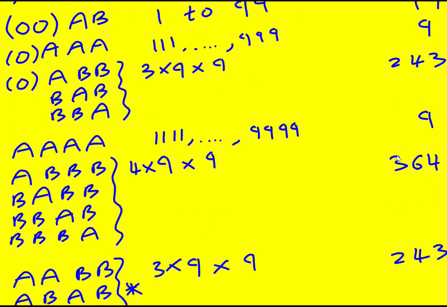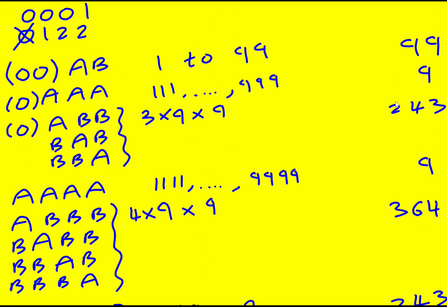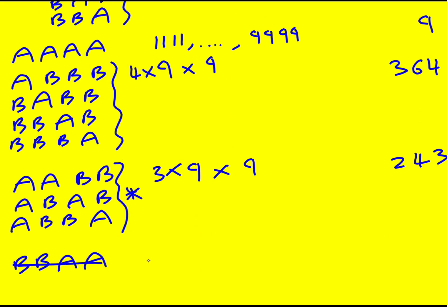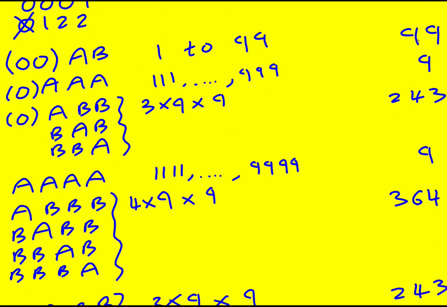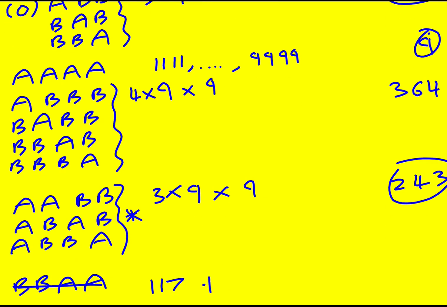Now we need to add all these together because we're asked for how many numbers there are in total. So I'm going to do 9 plus 9 plus 9. That's going to be 117. I'm going to break it down into little bits. 117 dealt with that, that, and that. And then I'm going to have two lots of 243. That's going to be 486.